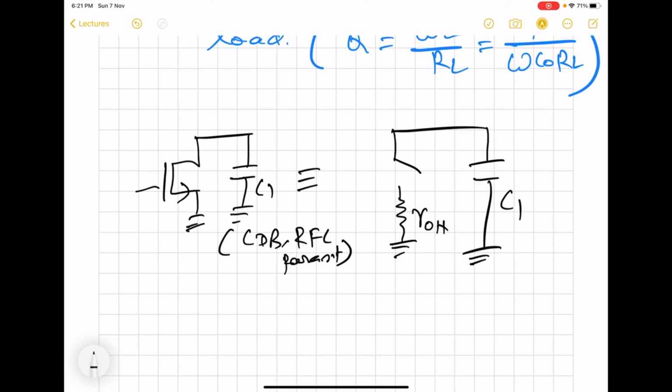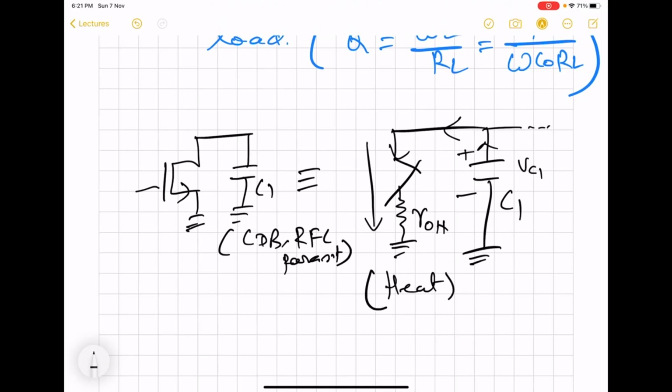So suppose this switch closes, and at that moment when the switch closes, there is a small charge and certain voltage on this capacitor. So now there is a low resistance path through this switch. What will happen is this capacitor will start getting discharged through this switch, that means through the MOS, and because of this R-on, there will be power dissipation and heat will be developed in this R-on.